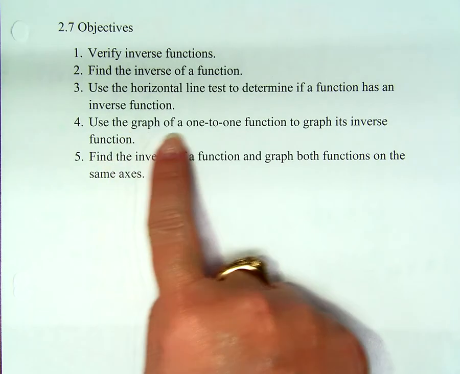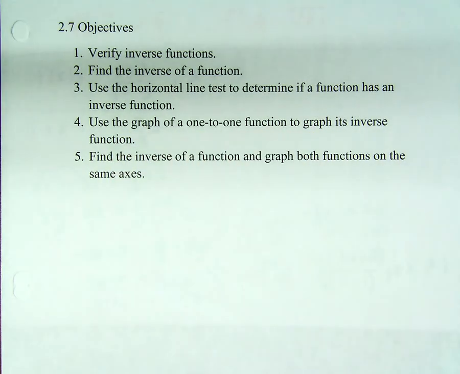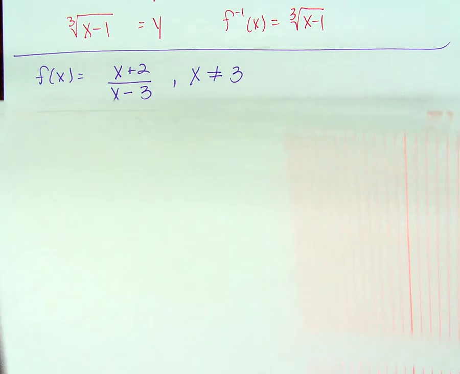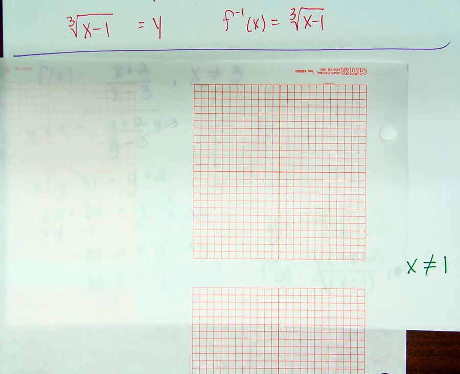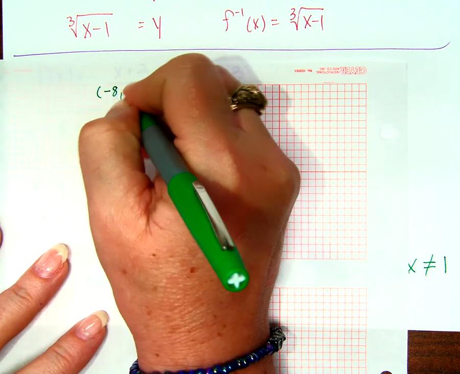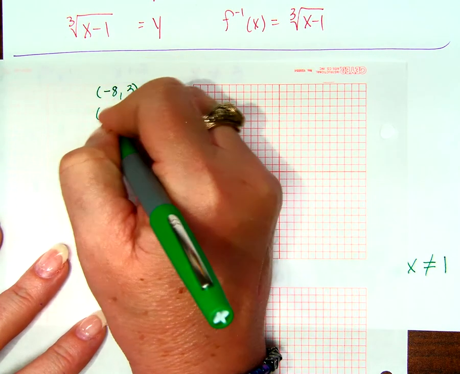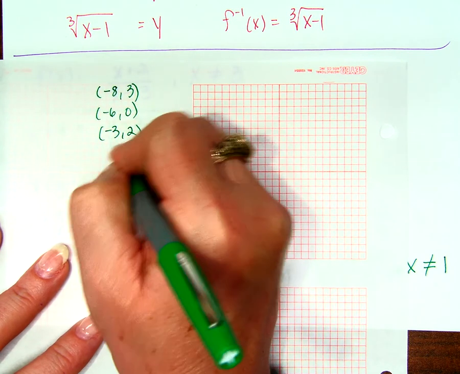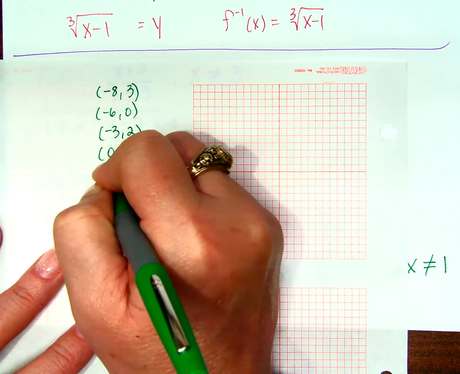Alright, so use the graph of a one-to-one function to graph its inverse function. So I'm going to use a piece of graph paper here for that. Okay? And I'm going to give you a one-to-one function with the points negative 8, 3; negative 6, 0; negative 3, 2; 0, 6; and 1, 3.